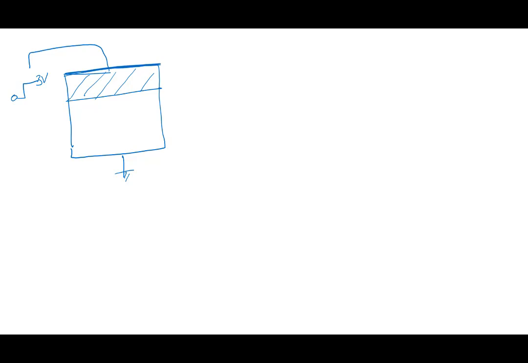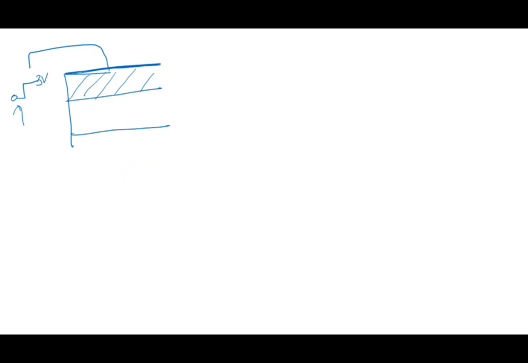I apply a step, 0 to 3 volt. I can easily do this experiment. Note that initially, for the sake of argument, let's say 0 is flat band. So 0 to 3, then what needs to happen? A depletion region needs to be created.